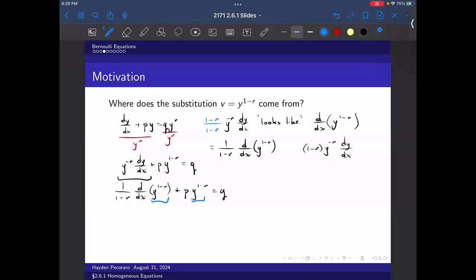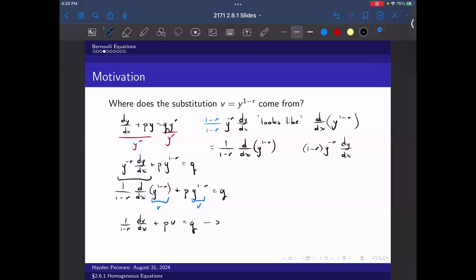So if this is v, then we end up with the equation 1 over 1 minus r dv dx plus p times v equals q.